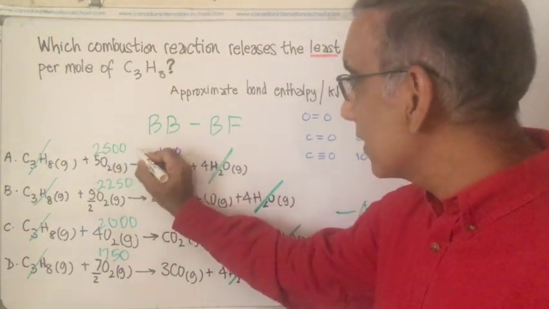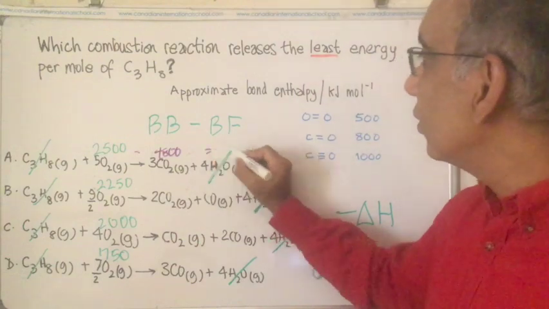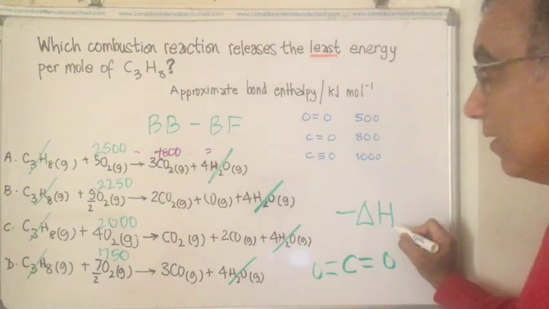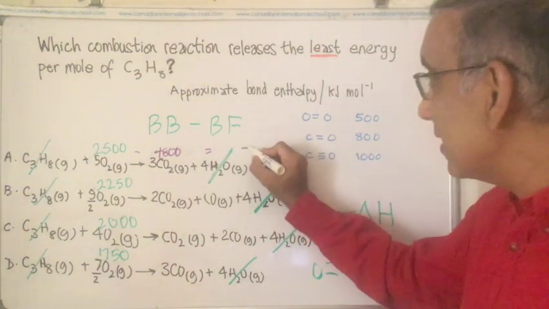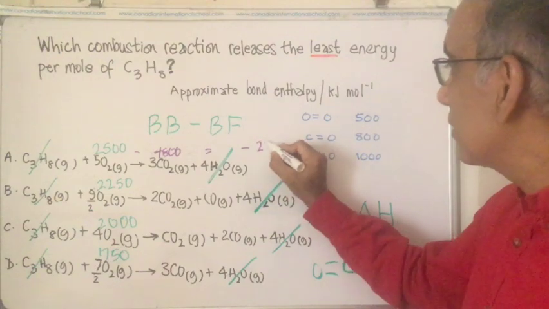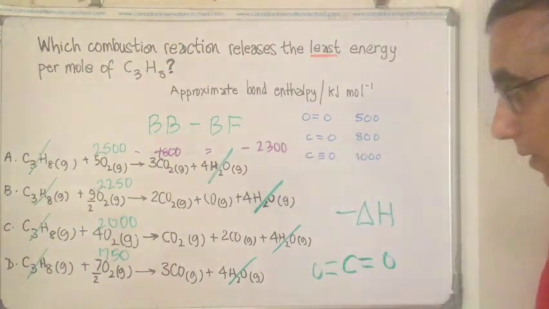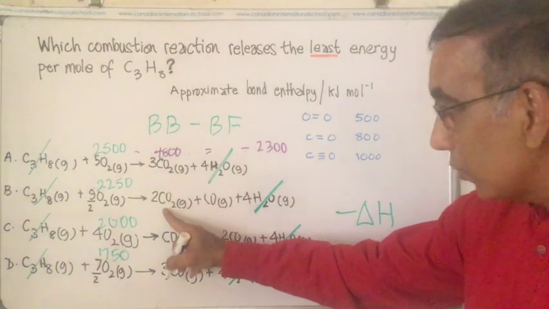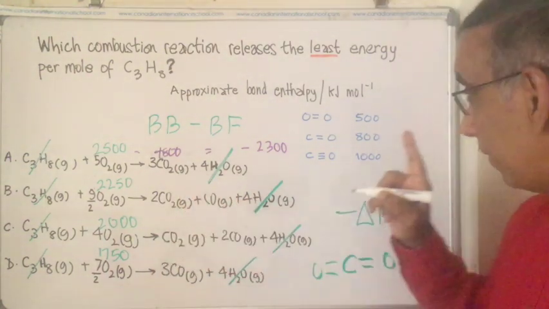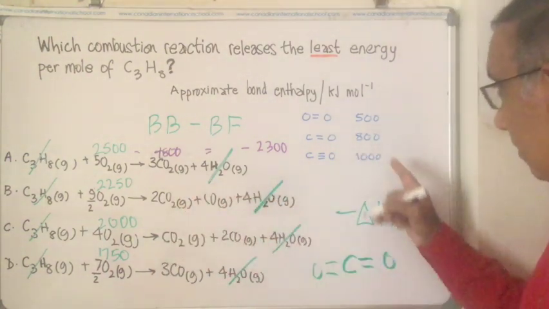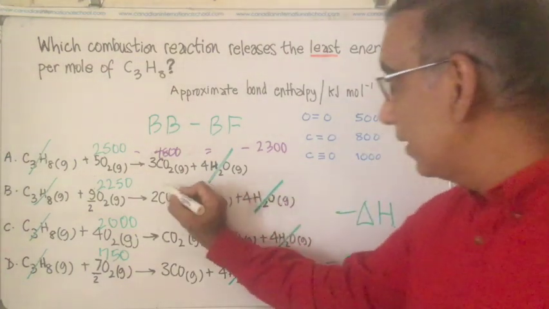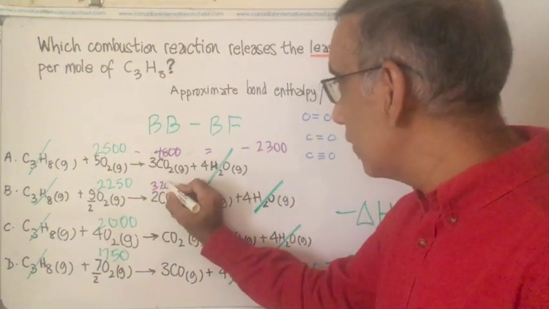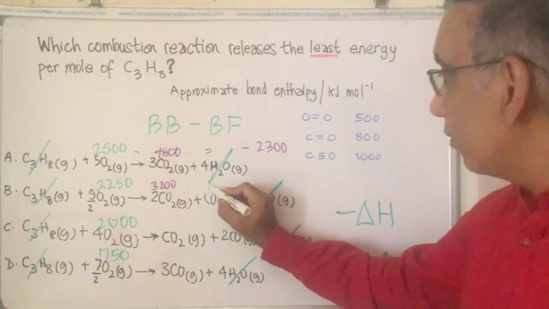And this minus this would give you a delta H of minus 2,300. Here you have 2 CO2s, that would be 4 multiplied by 800, 3,200, and 1 CO, that will be 1,000.